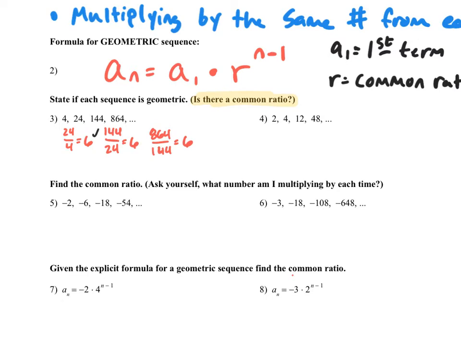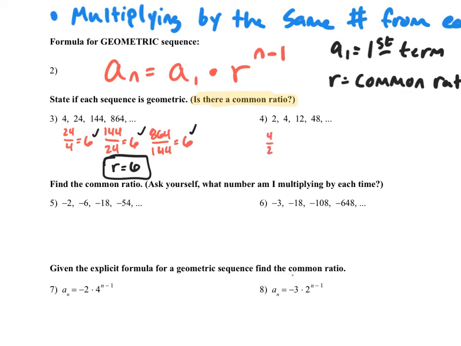So since all of those are the same, that means that yes, this is geometric, and the common ratio is the number 6. Questions?